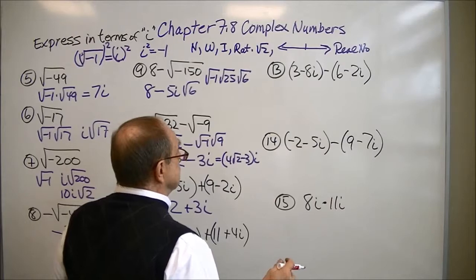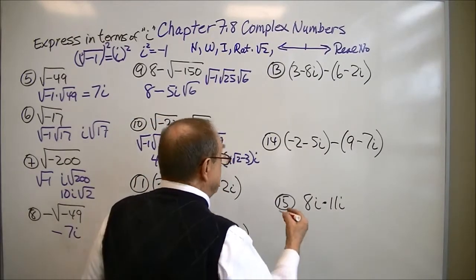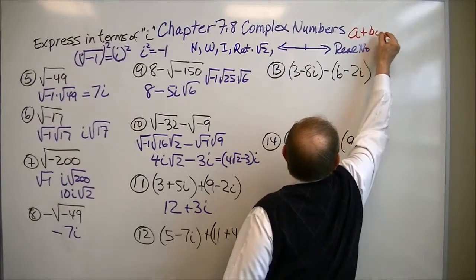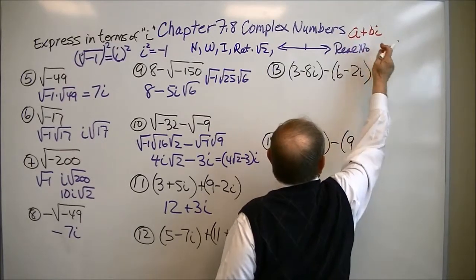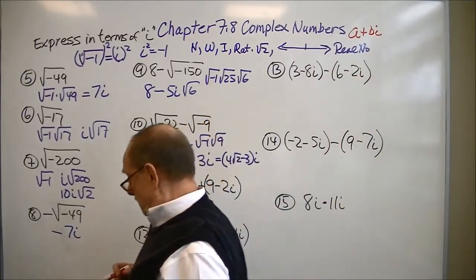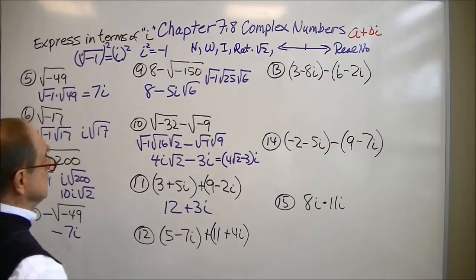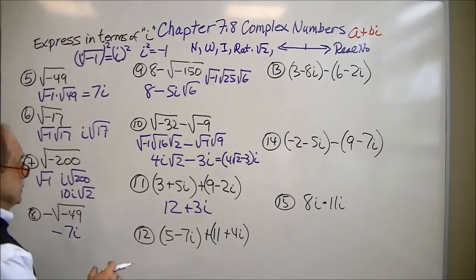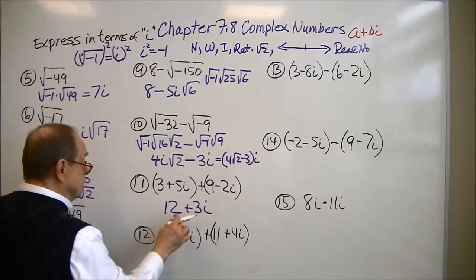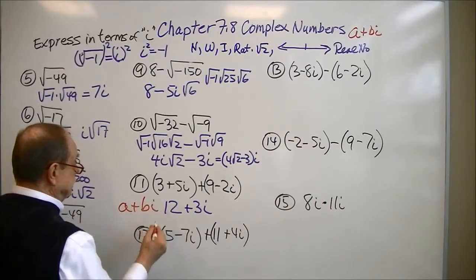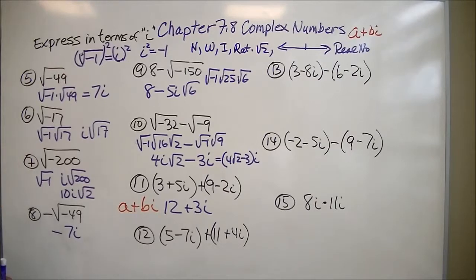And complex numbers, when they're written, must be written in the form of a plus bi, where a is a real number and i is an imaginary number. So the combination of the two make it a complex number. So we have written this number in standard form. Okay? And that's what we'll continue to do.